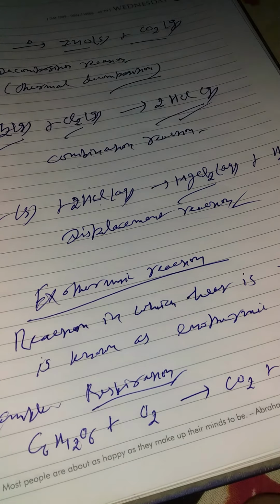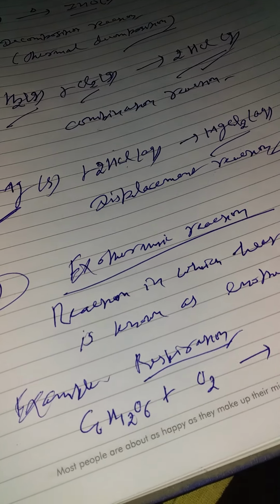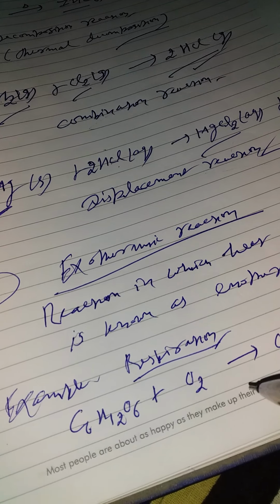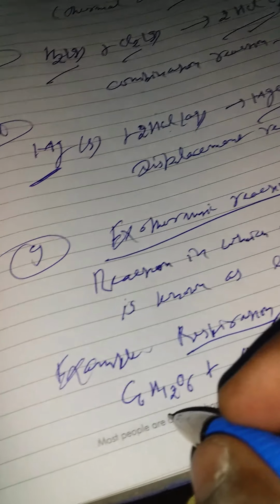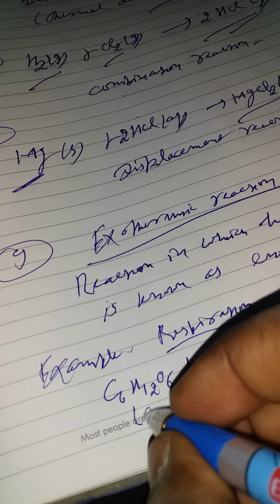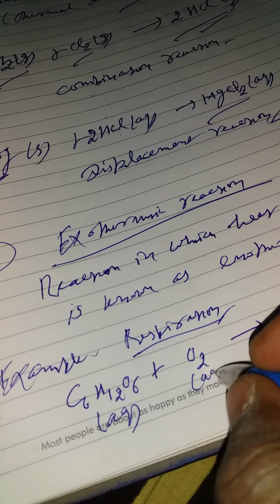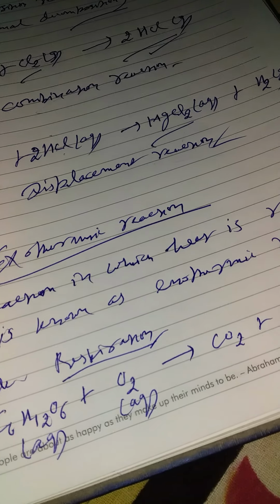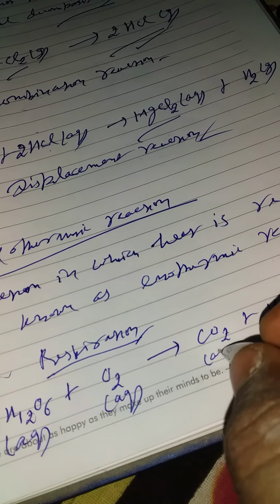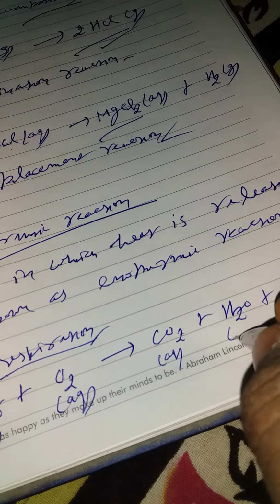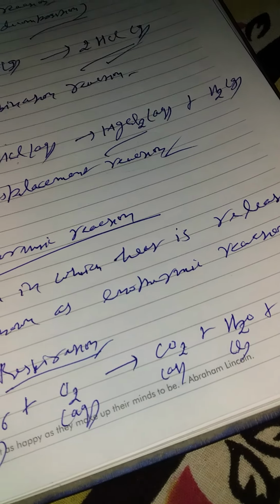Here we have to balance this chemical equation. C6H12O6 in the form of aqueous, O2 in the form of aqueous, CO2 in the form of aqueous, and H2O in the form of liquid.